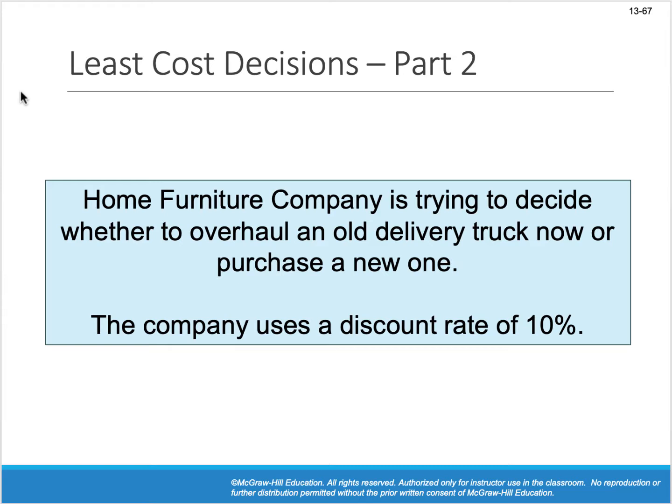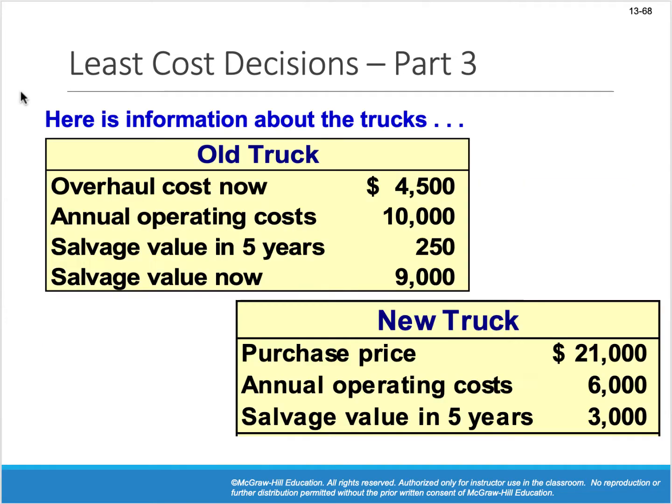So let's assume that we have a home furniture company, and we're going to analyze this decision of overhaul an old truck now or purchase a new one, based on that total cost approach.